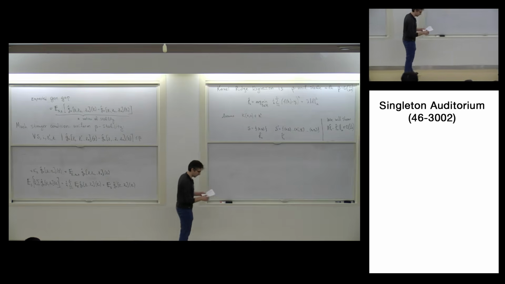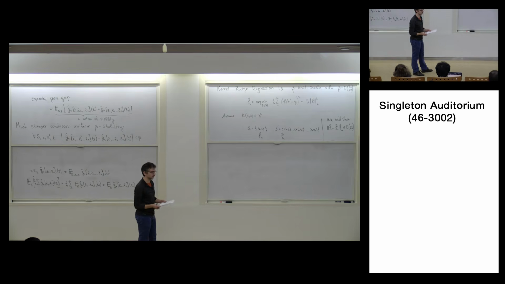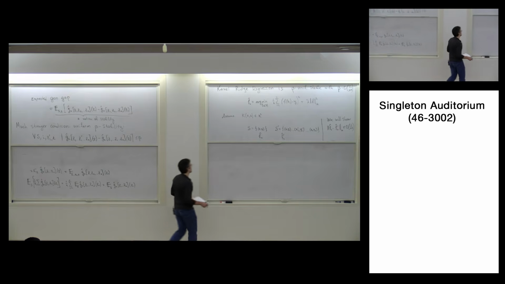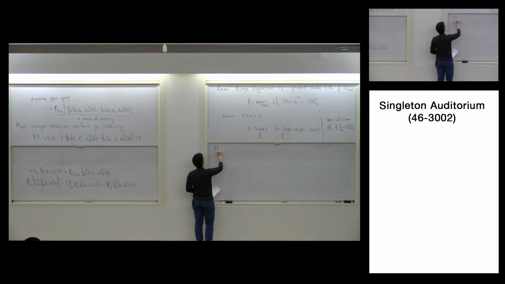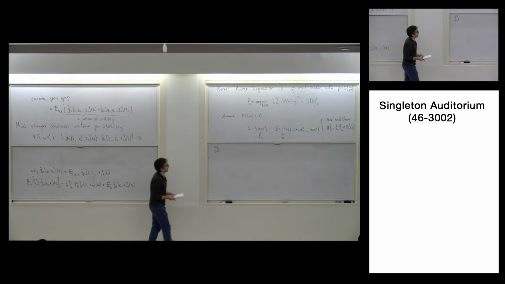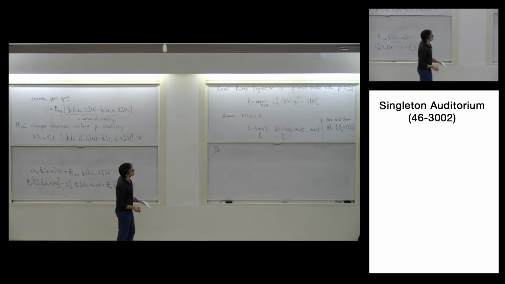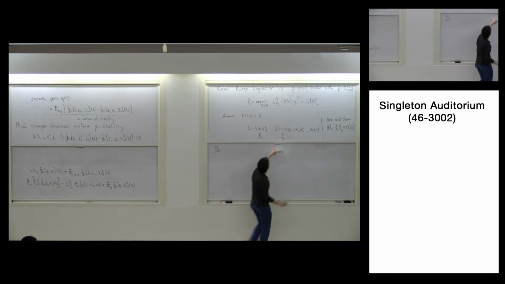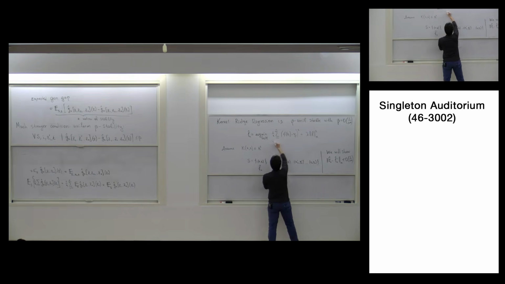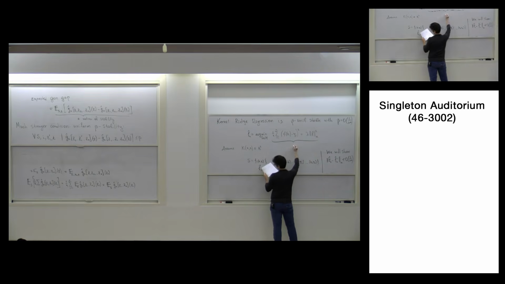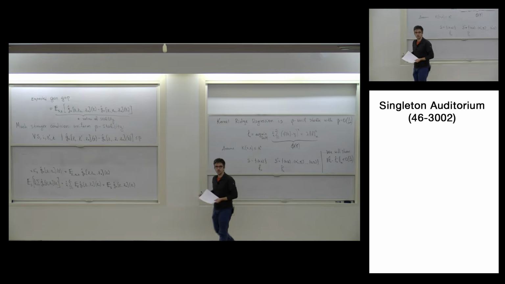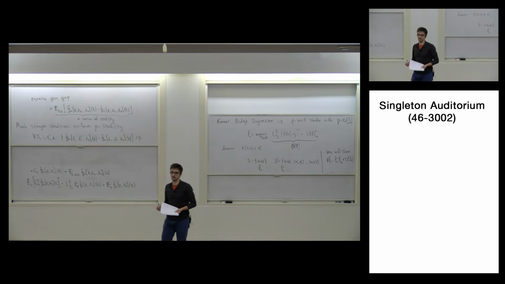Okay, there might be some technical assumptions that we'll find as we go. So here's the proof, and the idea is that this objective, which I'm going to denote as phi of f, is strongly convex in f.